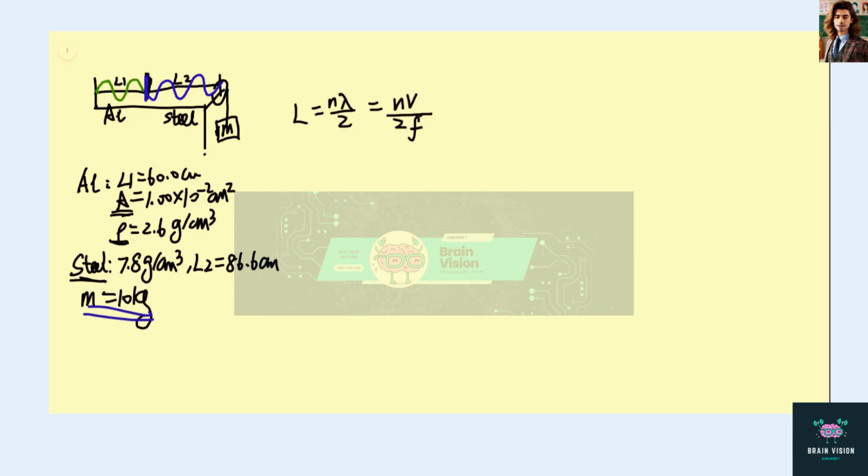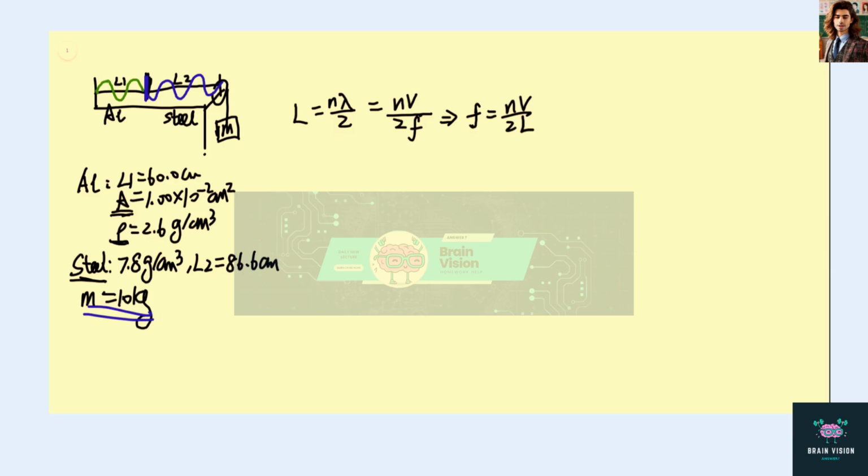In other words, we have frequency equals nV over 2L. That's true for both the aluminum string and the steel string. And the frequency has to be the same for both sections. Why? Because it's the same wave. If you think about it, if this green wave oscillates 5 times while the blue wave only oscillates 3 times, it's not going to be a continuous string.